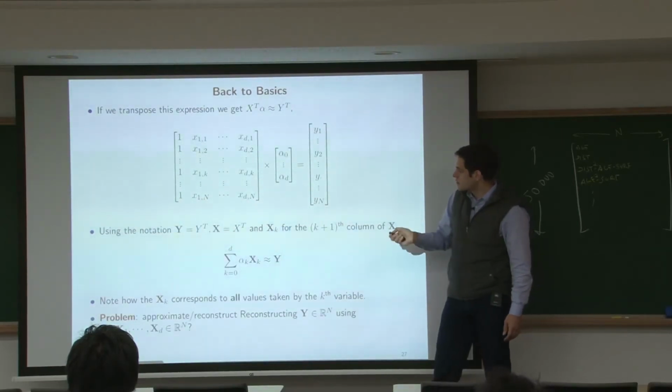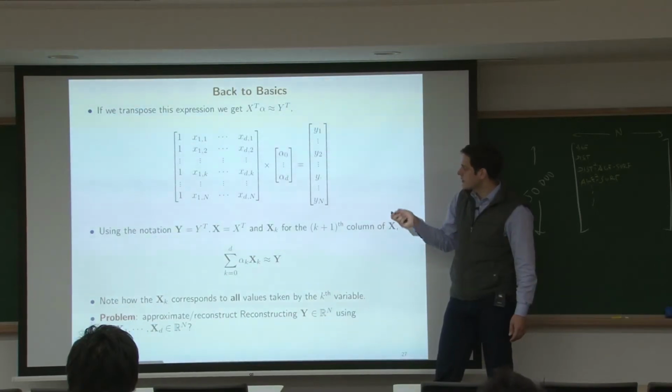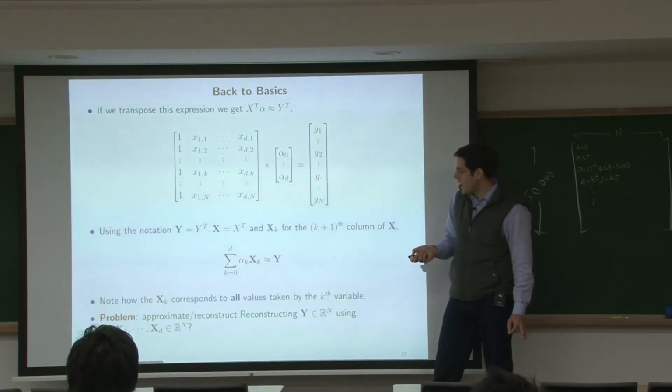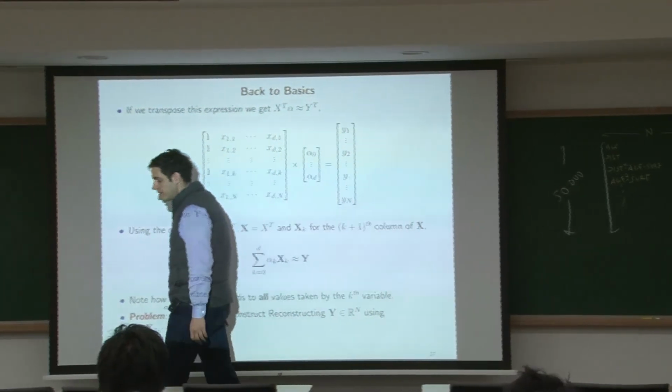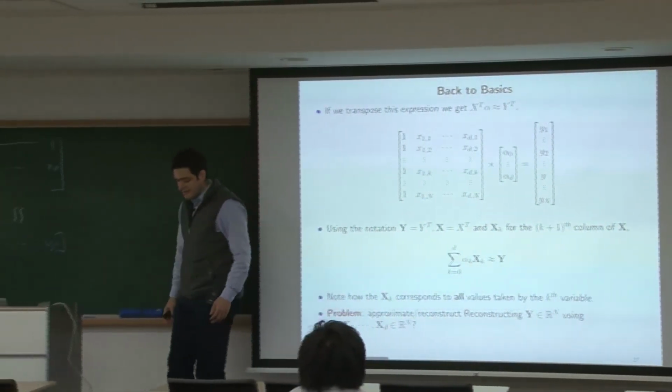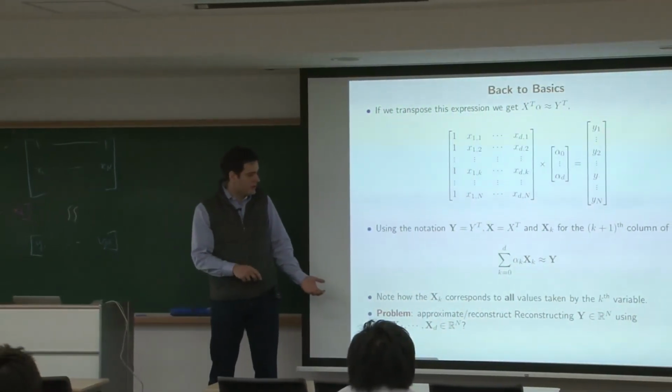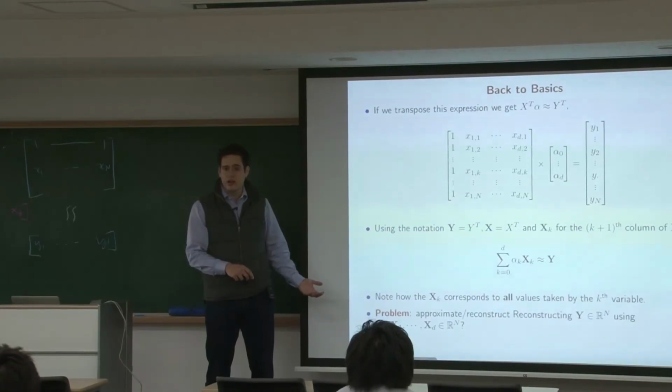So if you just rewrite this sum, what you want is a relationship such that the sum of k equals 0 to d of alpha k xk is not too far from y. Okay? This is just basic linear algebra. If you remember, what we're trying to do is simply rewrite a vector as a sum of other vectors.